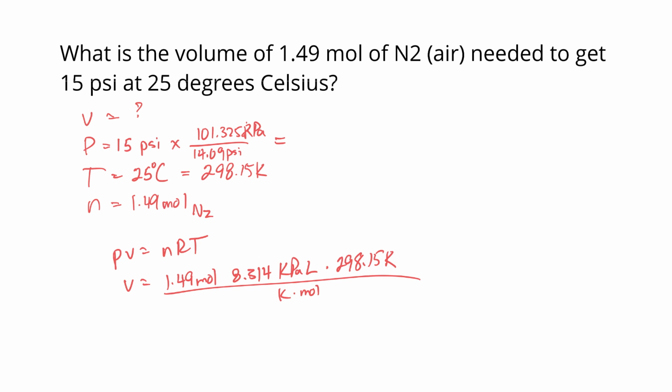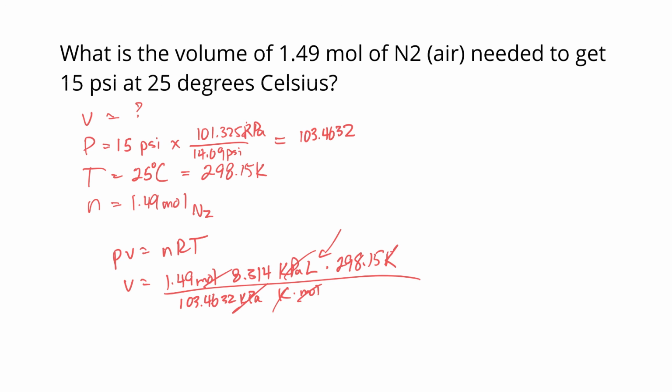It'll be close to 101. So 15 times 101.325 divided by 14.69. So 103.4632, etc. And that's my pressure, 103.4632 kilopascals.